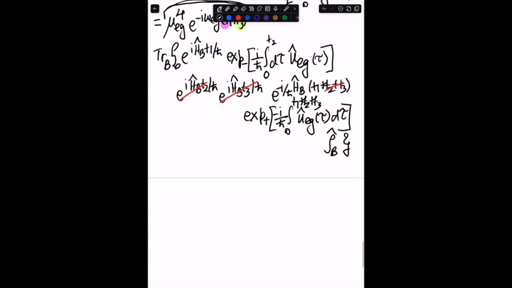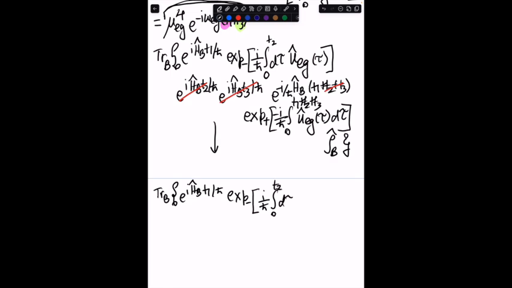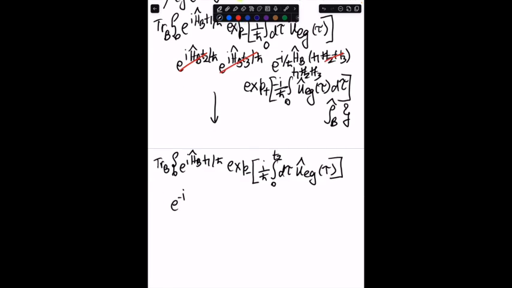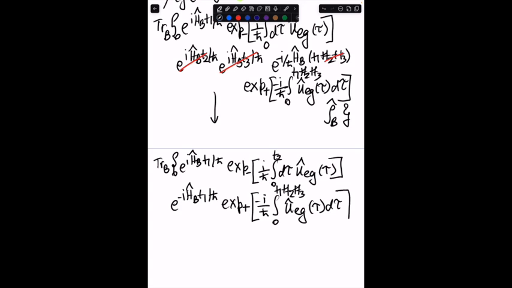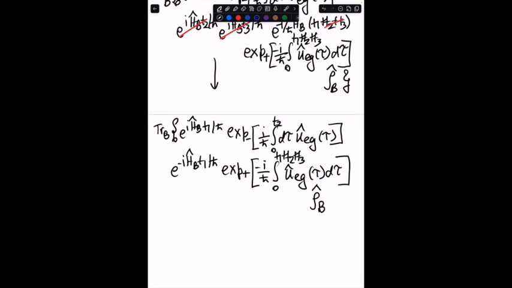So what is left out is a trace over all the bath states of e^{iH_B t1/ħ}, the negative time ordered exponential 0 to t2 dτ, you had H_eg(τ), and then you have a time propagator with respect to the bath Hamiltonian, and then you have the positive time ordered exponential 0 to t1+t2+t3, you had H_eg(τ) dτ, and then you have your bath equilibrium density operator.